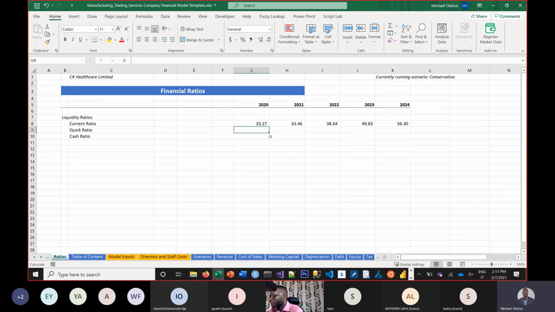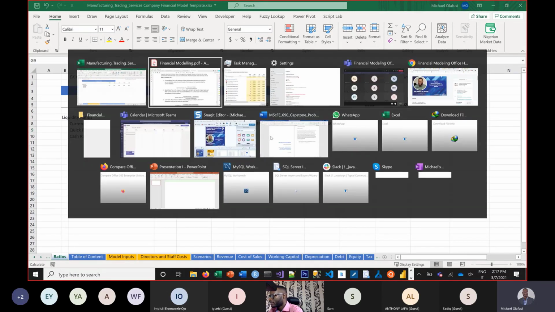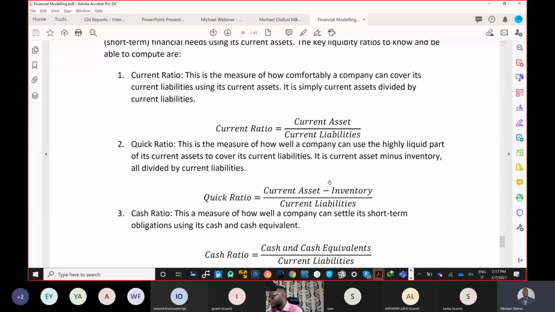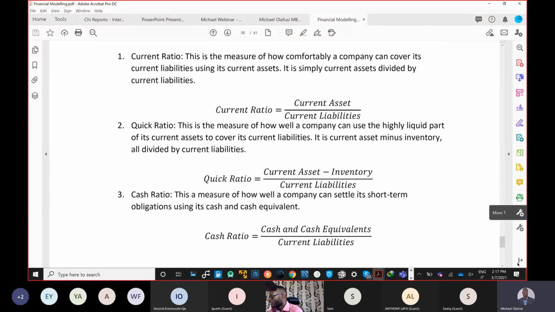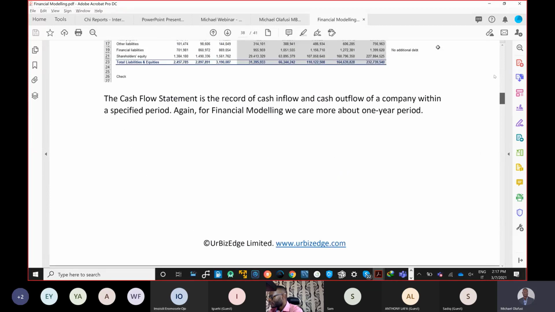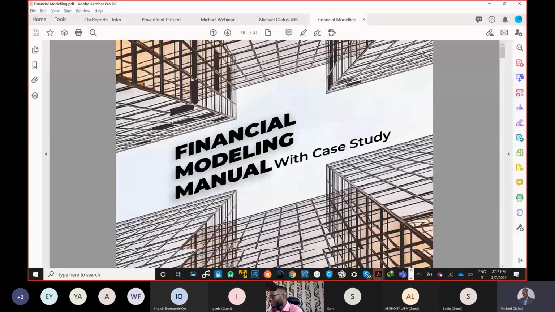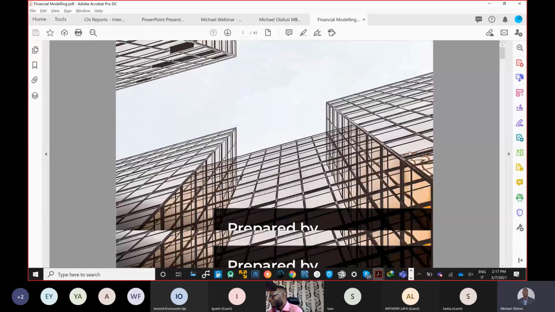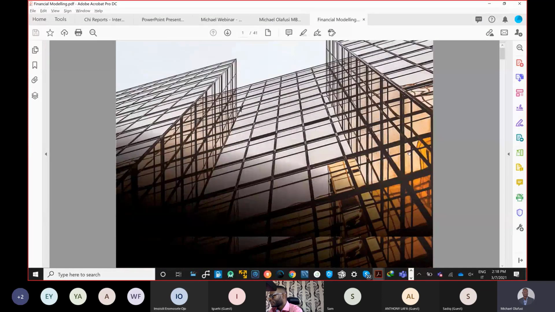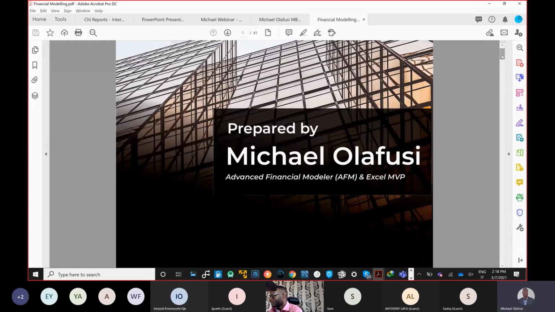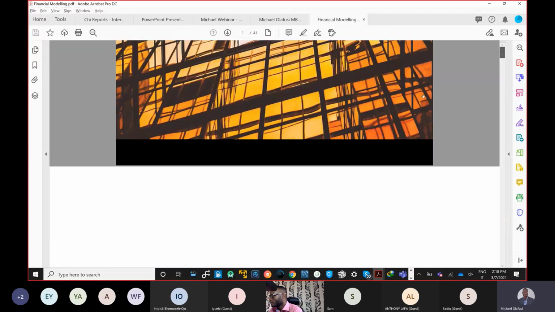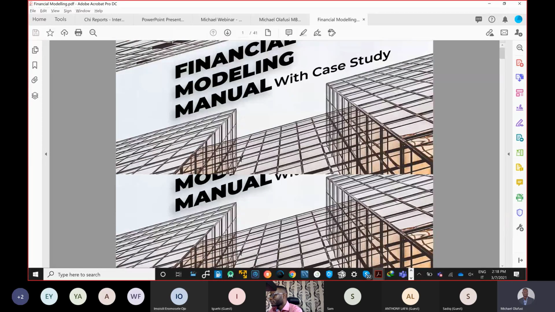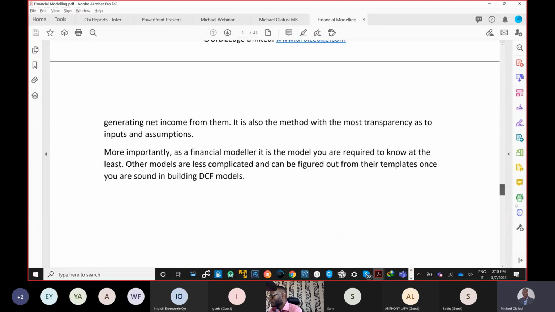Then quick ratio. If you remember the formula, it's the current assets minus inventory over current liabilities. By the way, this is actually my manual that I use for the financial modeling trainings, so it's already condensed to capture only what is relevant within our space.